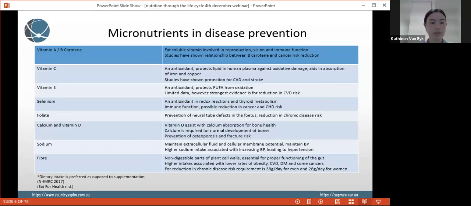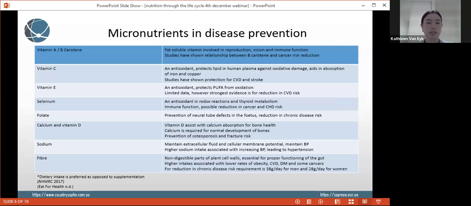Our micronutrients, we're just going through some of these here, and then we're going to go through a few more a bit later. But vitamin A is a fat-soluble vitamin, which is involved in and important for our vision and immune function. So in terms of disease prevention, studies have shown a relationship between beta-carotene and cancer risk reduction.